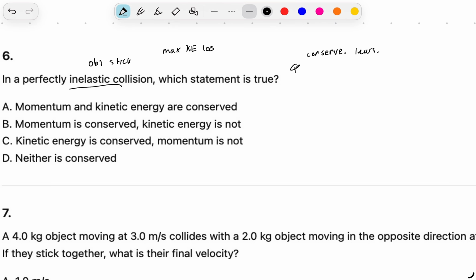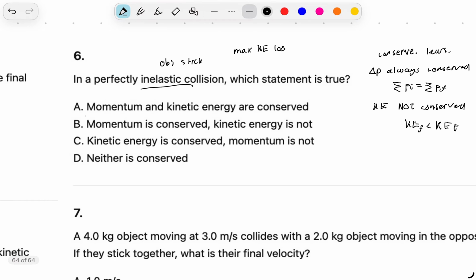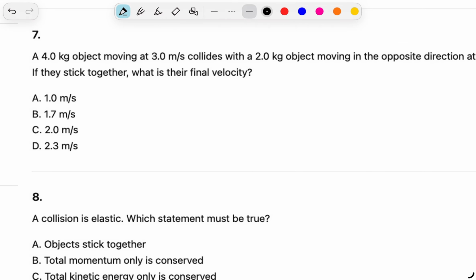So your delta P is always conserved, aka sum of P initial is equal to your sum of P final, and your kinetic energy is not conserved. So your kinetic energy final is always going to be less than your kinetic energy initial. Your answer is B.